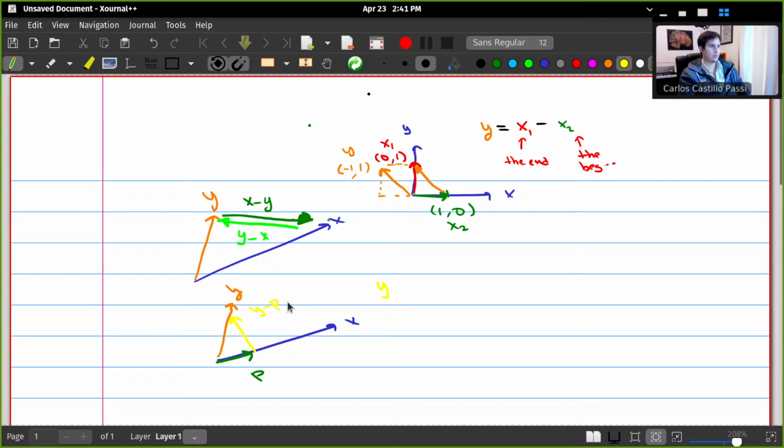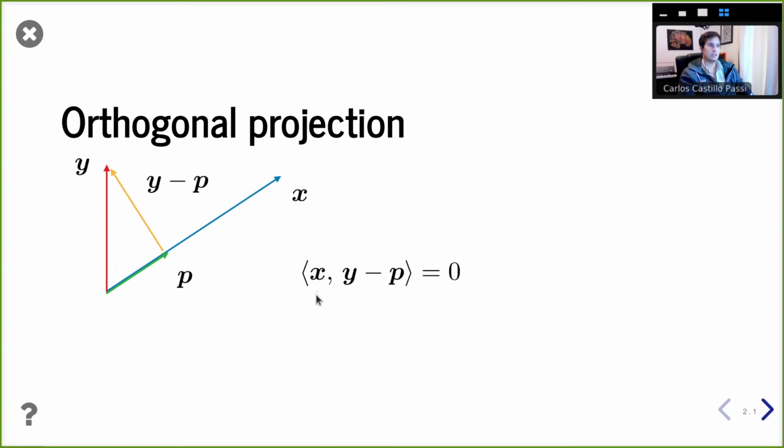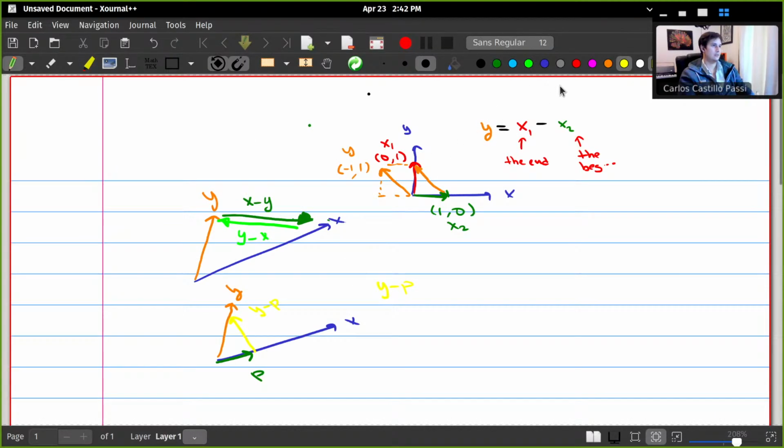If we do the dot product between y minus P and x, or P in this case, well, with P and x would also be satisfied. So with P, it would be 0, but also if we did it with x, because they are pointing in the same direction.